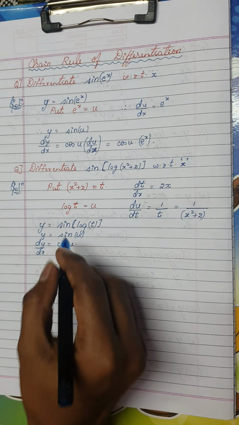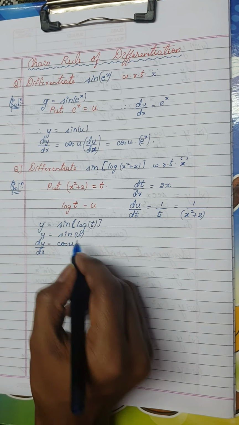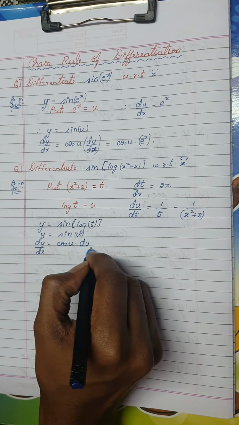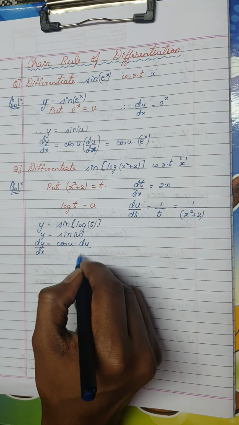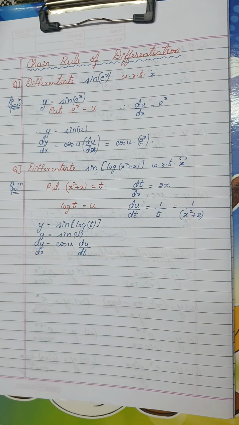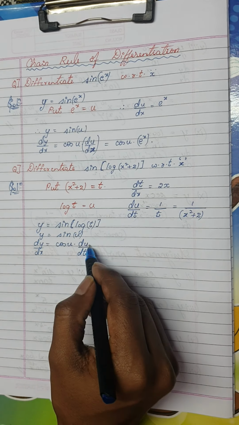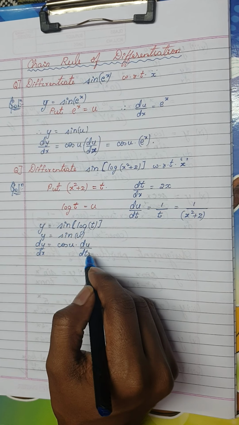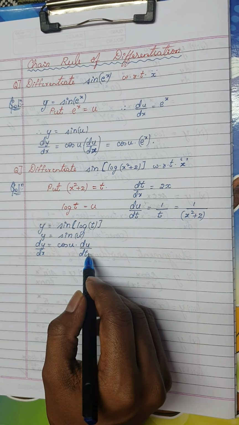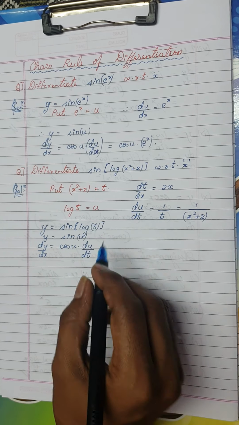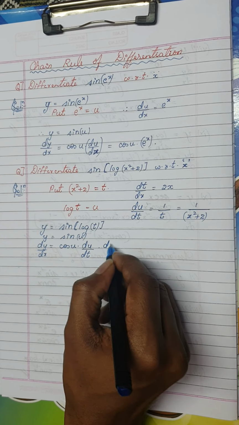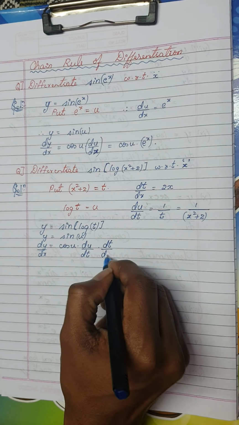Now remember, the derivative of sine is cos, but this u is actually a function of what? u is equal to log of t. So u is a function of t, and you have to get du by dt. But we can see here again t is a function of x, so I have to again get dt by dx.